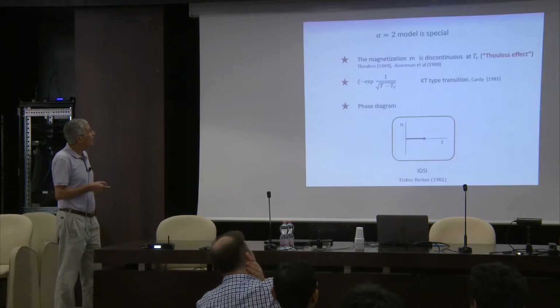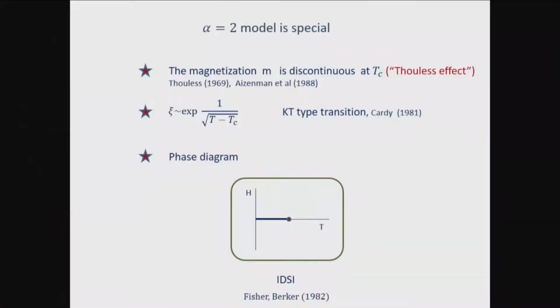Okay. Now, for alpha equals 2, the story is the following: the model has a magnetization M, and it's discontinuous at Tc. This is known as the Thouless effect. It was conjectured by Thouless with a not so correct argument, but then it was made rigorous by Aizenman later on in the 80s.